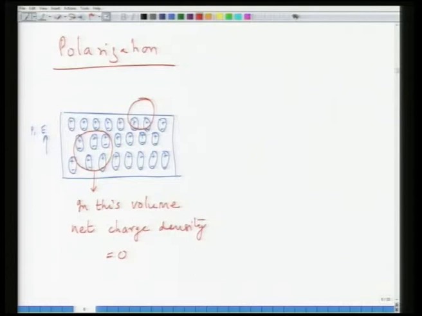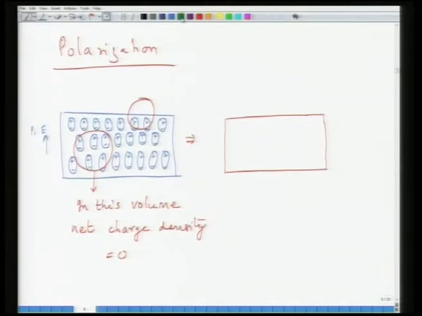So, what we are saying is that within most of the material's volume the charge density is equal to 0, and only on the surface, because the material is polarized, you have some finite charge density.